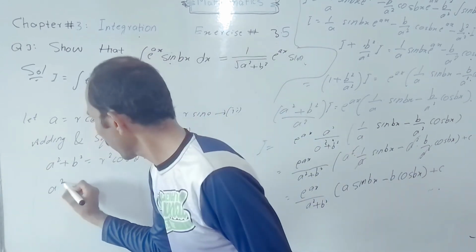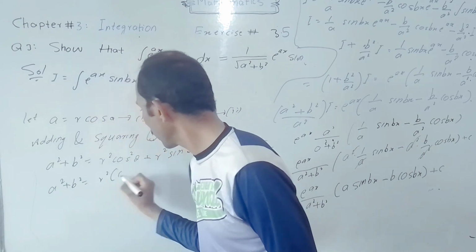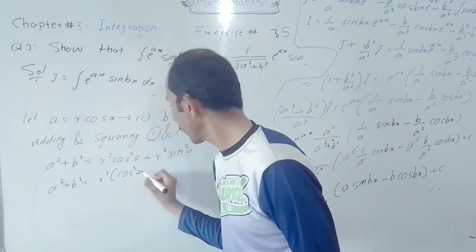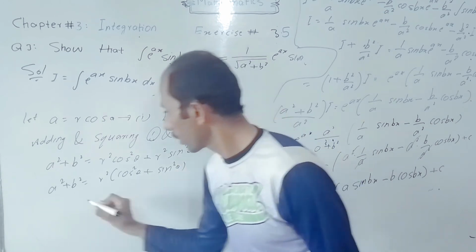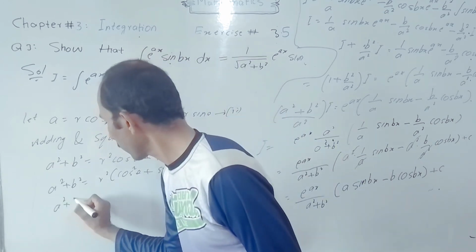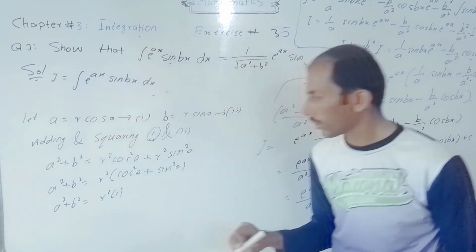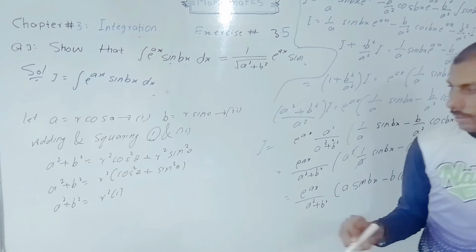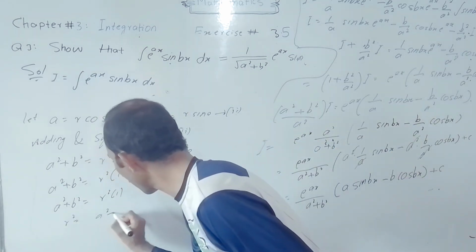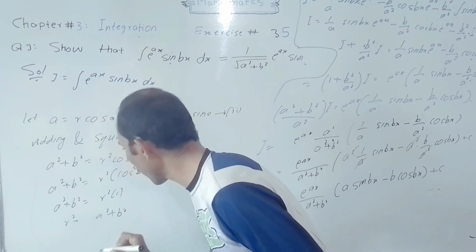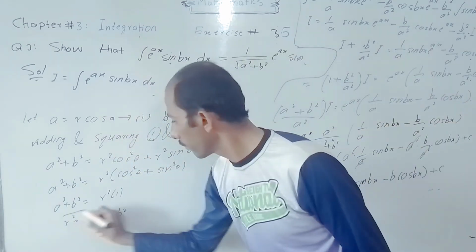So a square plus b square is equal to r square common into cos square theta plus sin square theta, which is equal to r square into 1. So r square is equal to a square plus b square, taking square root on both sides.